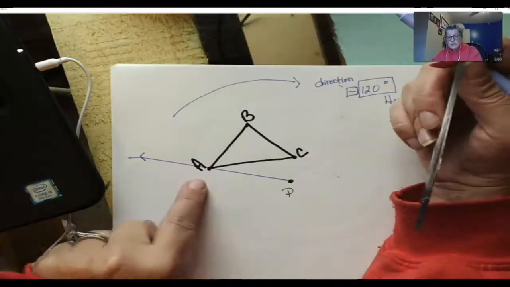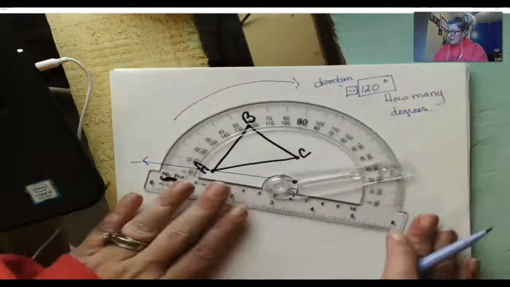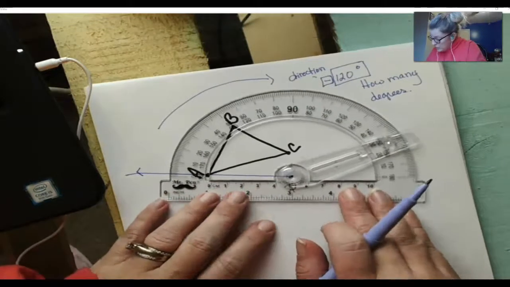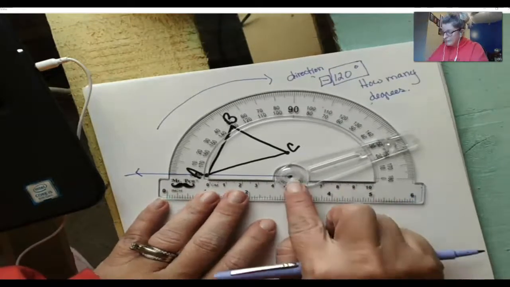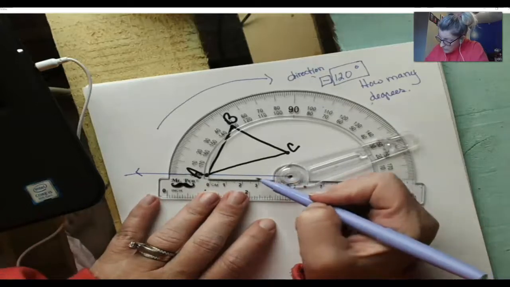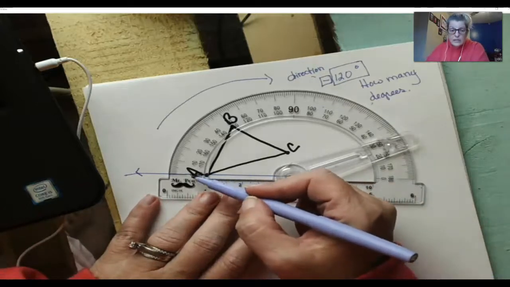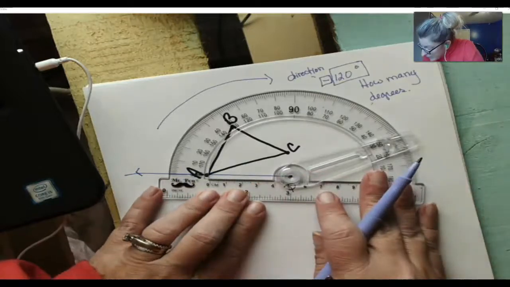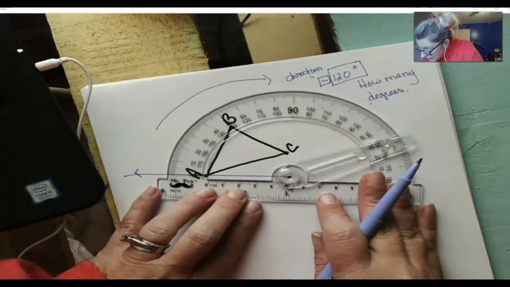Okay? So I have my line from P to A, and this is a ray, P to A, and I need to create a 120 degree angle. So I'm going to put this point here in my bullseye, and make sure my ray goes through my 180, 0 guideline there. And it does.